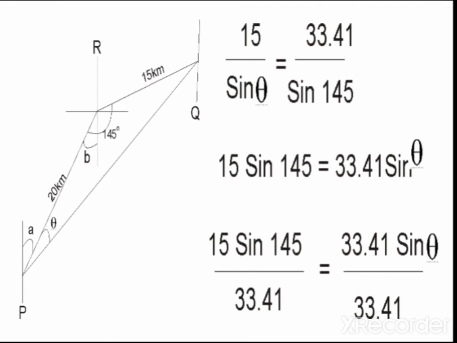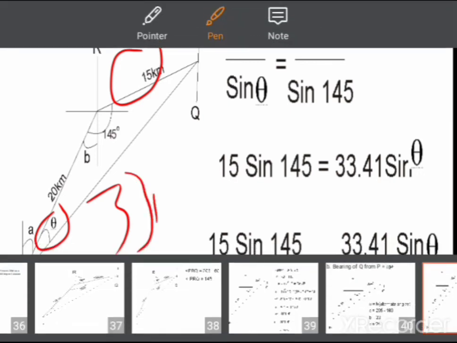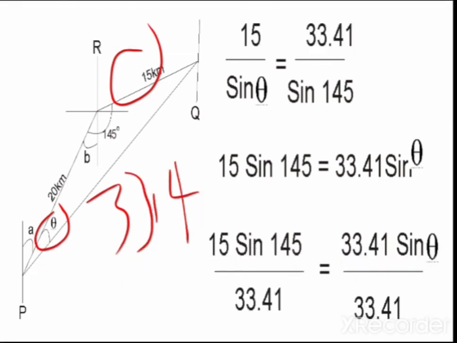So this is our diagram. We know that 15 all over sine theta is equal to this side, which is 33.41, all over this angle in the triangle, 145.